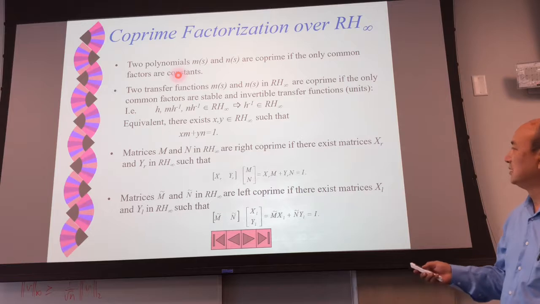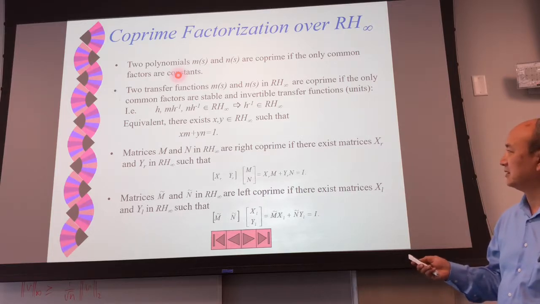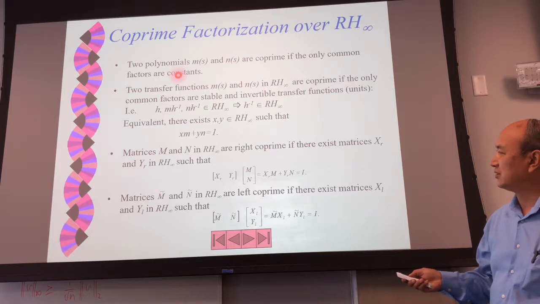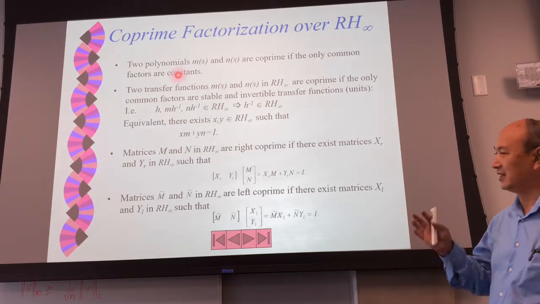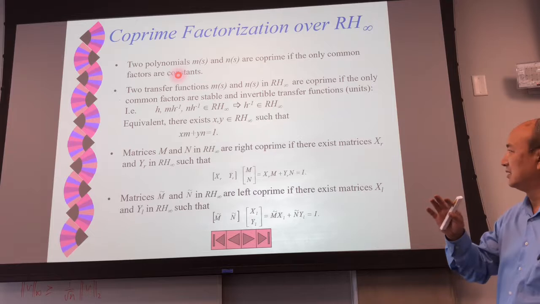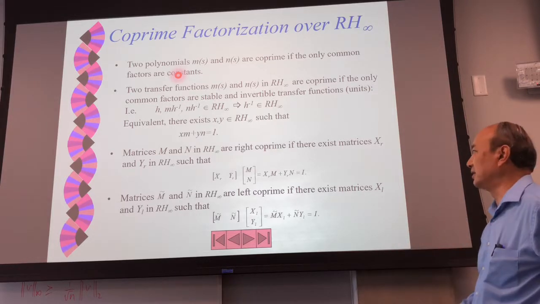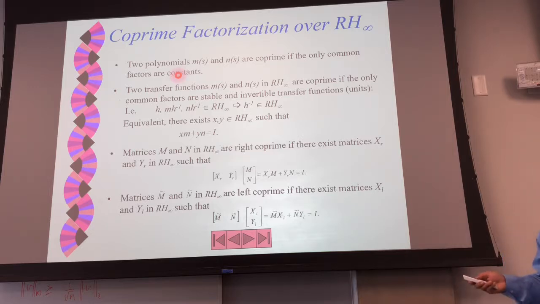We usually use the tilde for left coprime, and the original one is called right coprime. Remember, the tilde here indicates left coprime factors.